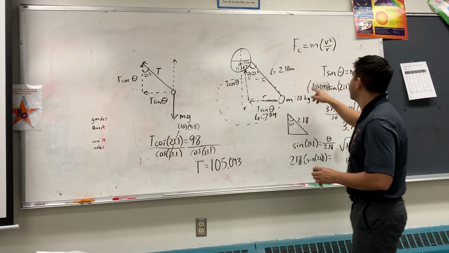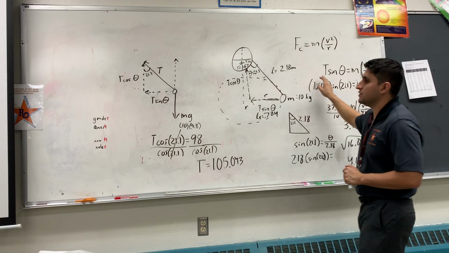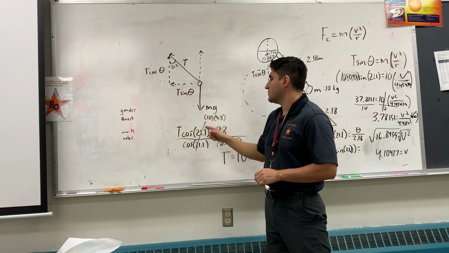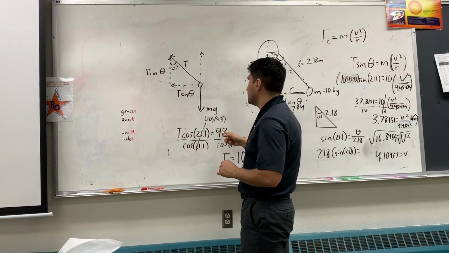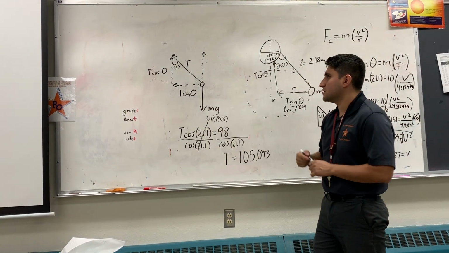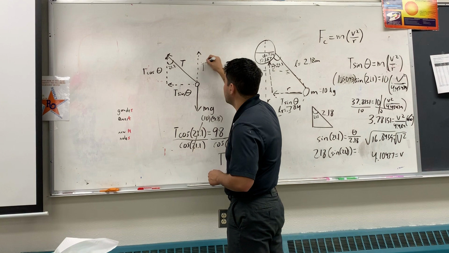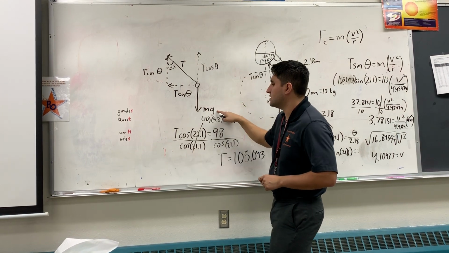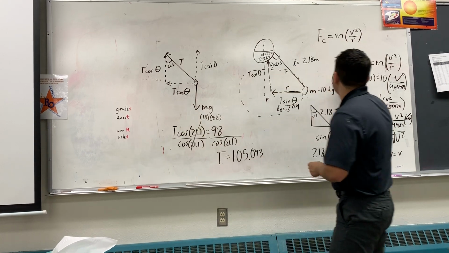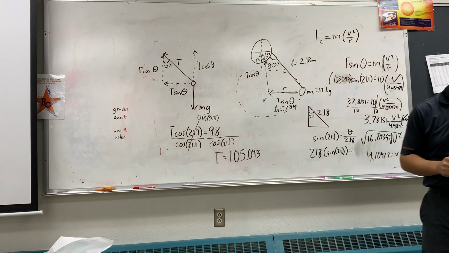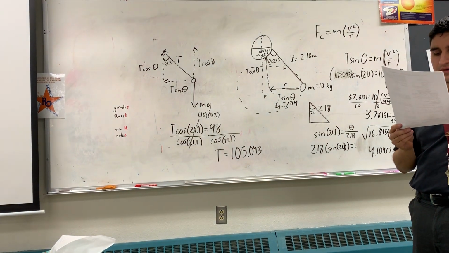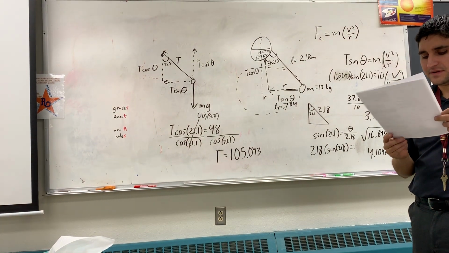And then this tension we saw from this free body diagram, where T cosine of the angle is equal to your mg, so we can solve for this tension that goes right there. And that's how you solve number 11.